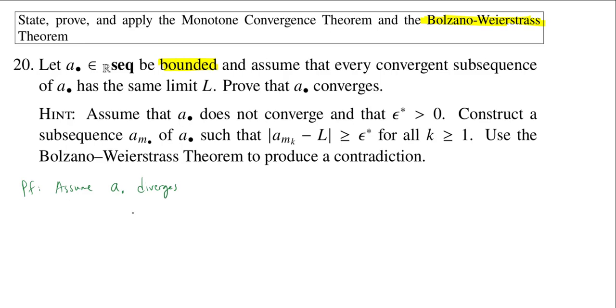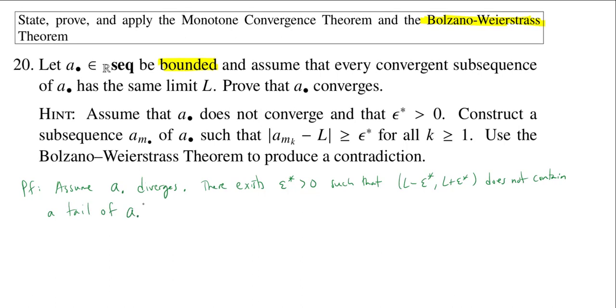So if A diverges, there exists some epsilon star, some positive real number, such that the L coin, so I'll write down L minus epsilon star, L plus epsilon star, does not contain a tail of A dot.